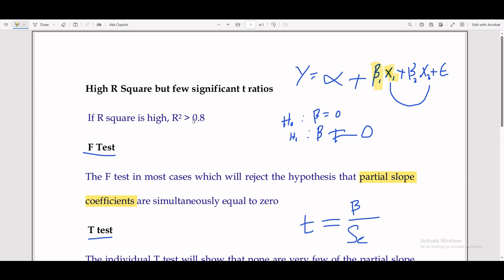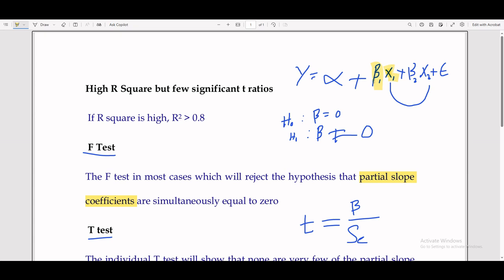If R-square is very high, it means these two variables have strong collinearity with each other. So the f-test in most cases will reject the hypothesis that the partial slope coefficient is zero. Here is the question: what is the partial slope coefficient? Partial slope coefficient means we check the effect of x1, the first regressor, on the dependent variable y, assuming x2 is constant.